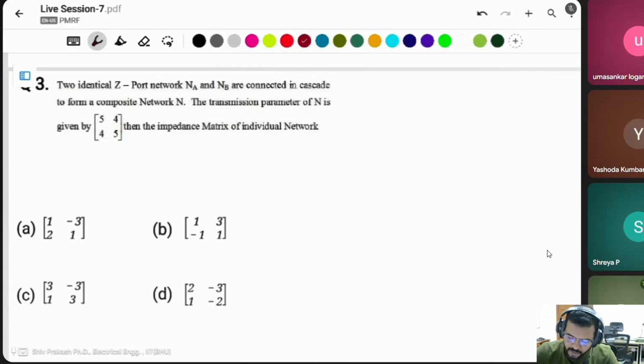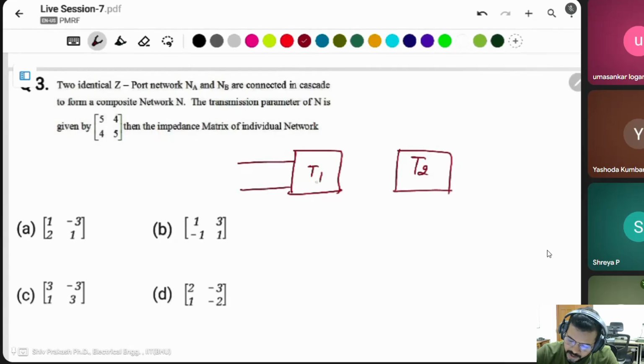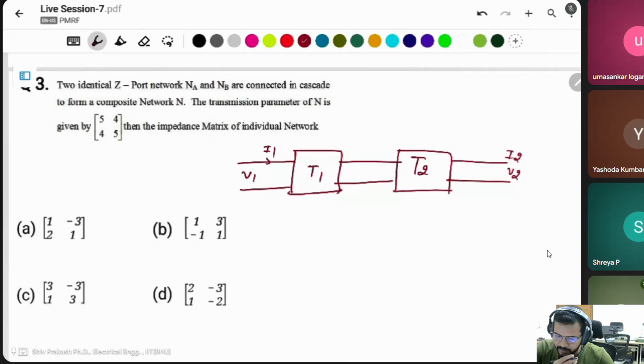It means if you take two port networks in transmission parameters like T1 and T2, both connected in cascade like that, V1, I1, V2, I2, then the whole network is simply the multiplication of T1 and T2.